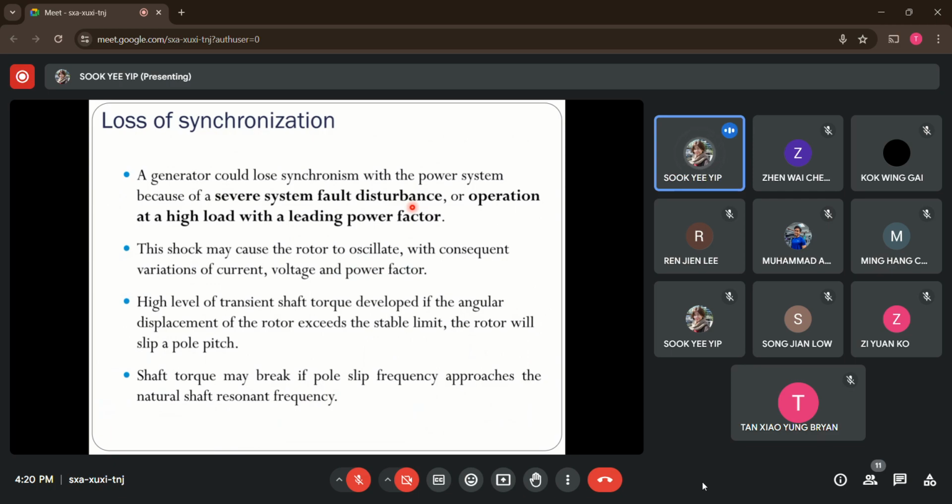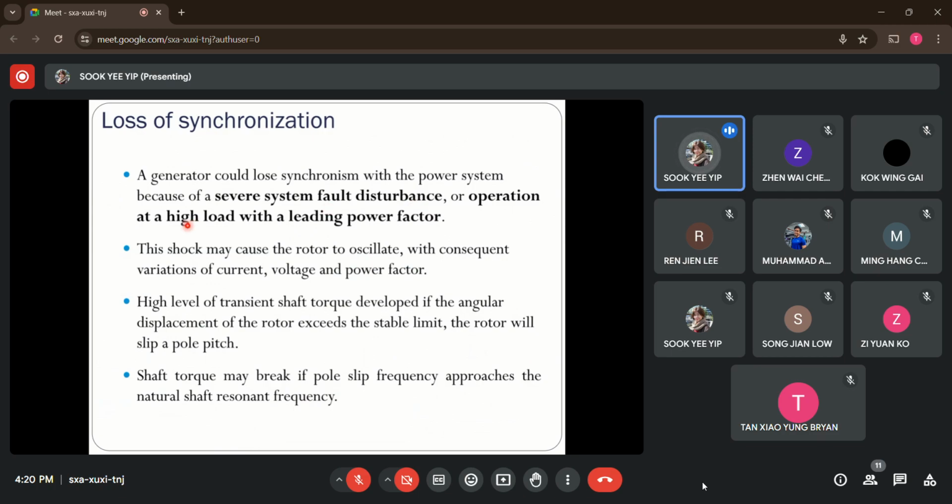We have rapid changes of voltage or impedance value due to short circuit conditions or loss of line. So the impedance rises, and that will cause the generator to lose sync. It will no longer operate at 50 hertz.